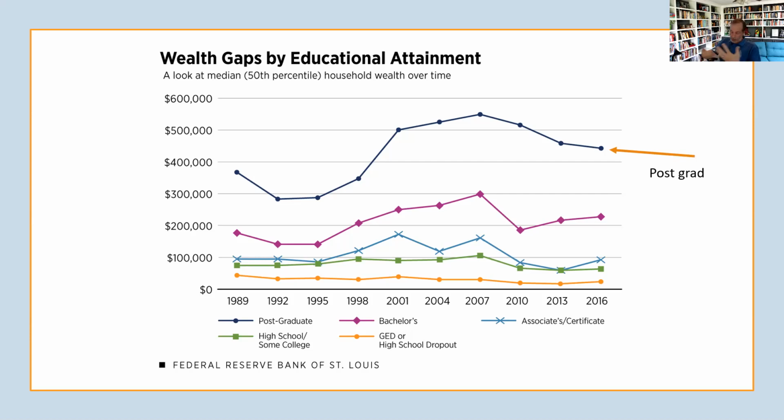So people who are making the most in this category are probably lawyers and people with MBAs. Probably MDs and dentists fall into this category too. So the median net wealth for people with postgraduate degrees is, I don't know, what is this, $450,000. Then college degree, still pretty well, over $200,000.